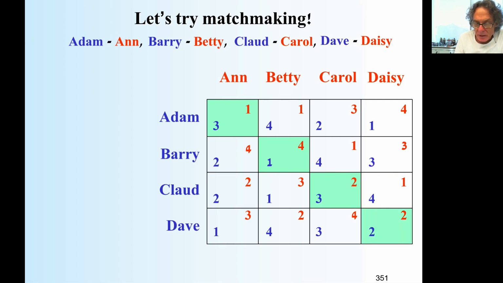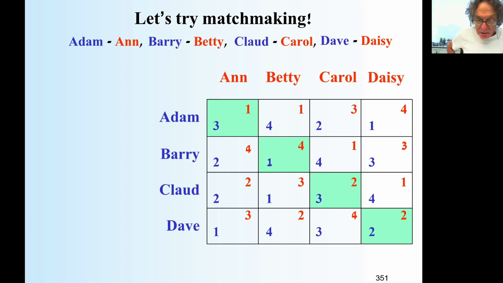Good. So my question, is it a stable matching? Namely, could we find some boy and some girl that were not matched, like Barry and Carol, or Barry and Ann, or Claude and Daisy, and they prefer each other over what they got? That's the question.